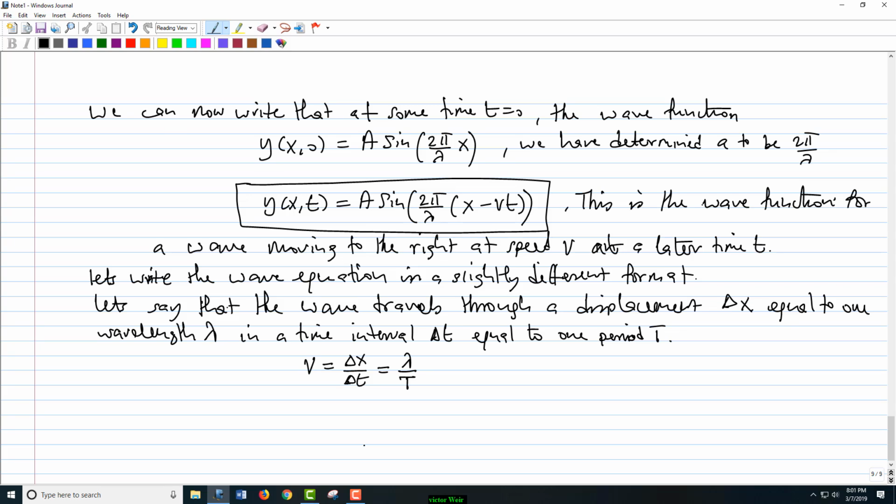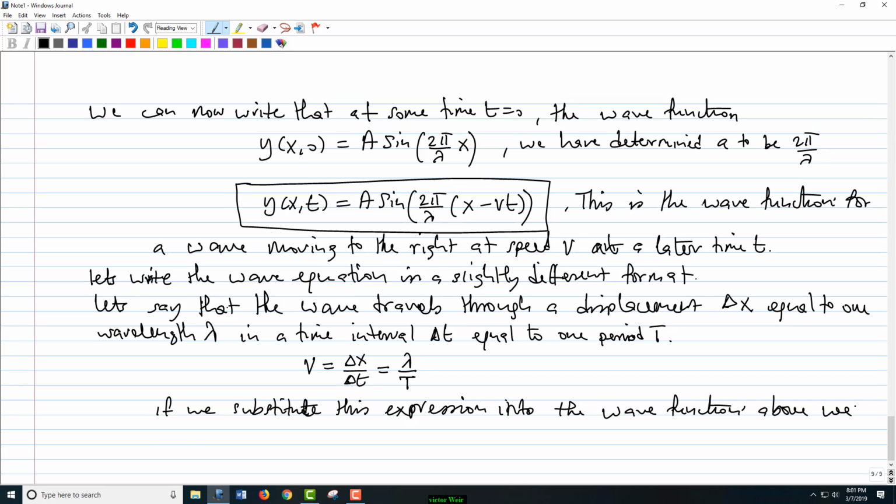So if we substitute this expression into the wave function above, we have y(x, t) now equal to A sin, and we have again our 2 pi, and in parentheses x divided by lambda minus t divided by uppercase T for the period.